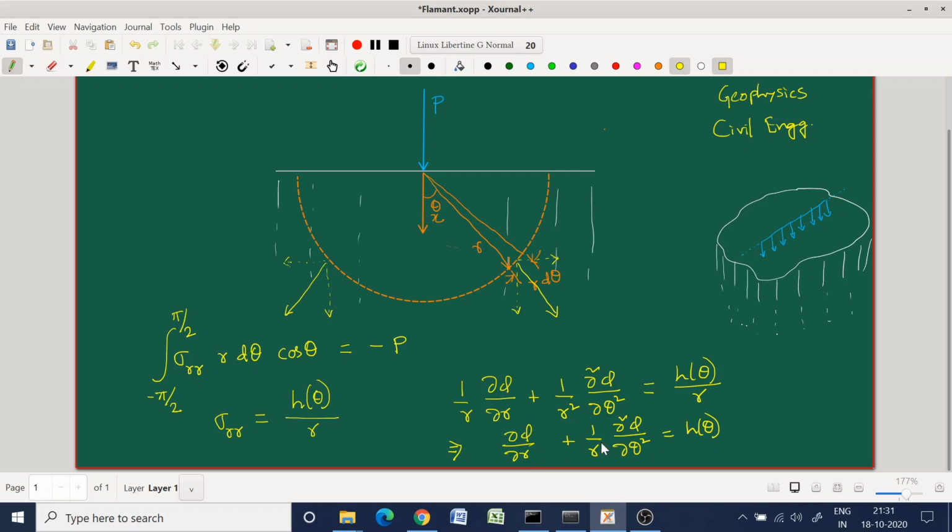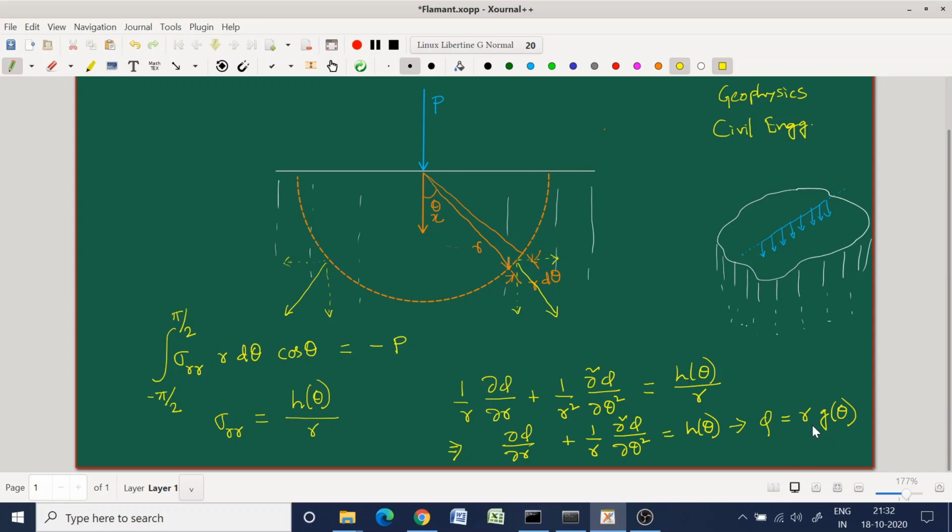So the consideration of both these facts, or the clues associated with both these terms, tells us that there is only one possibility here. You think about it a little bit. That possibility is that phi must be of the form r into some function of theta. We call that g.